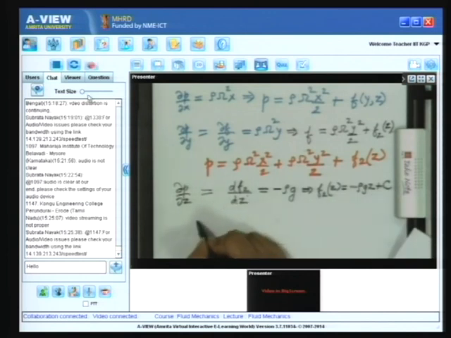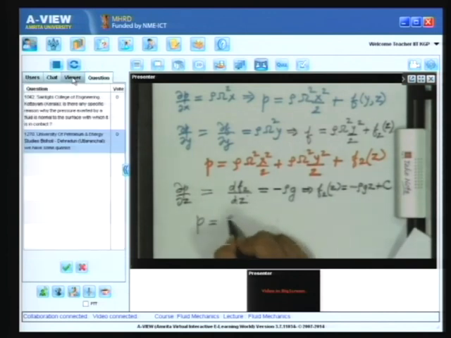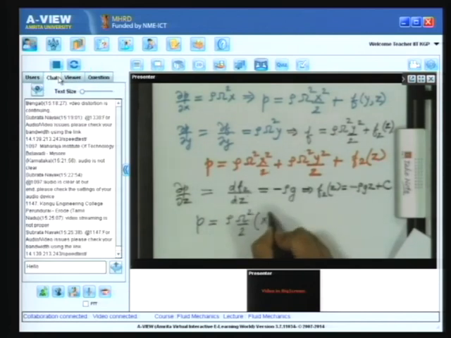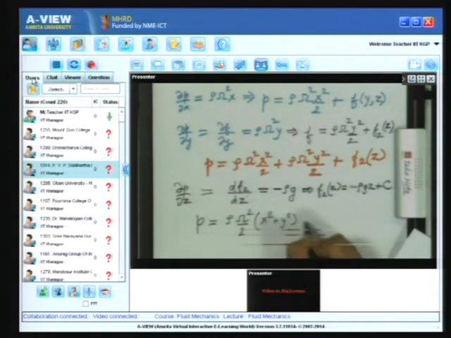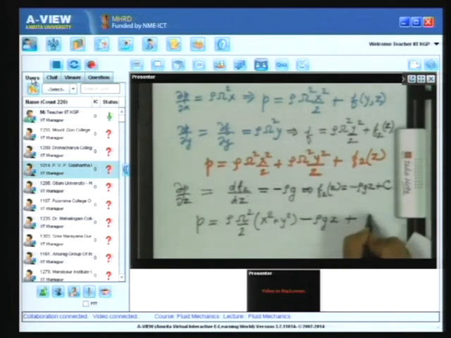So, finally, you get p is equal to rho omega squared by 2. If you want, you can club them together, x squared plus y squared minus rho g z plus c. So, this is, you can call it the pressure distribution in Cartesian coordinates, a function of x, y, z.